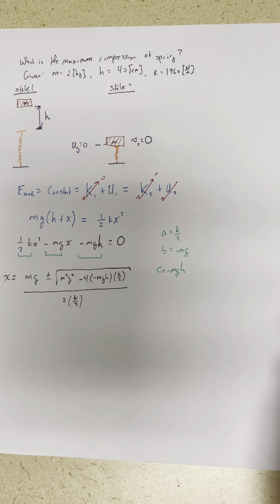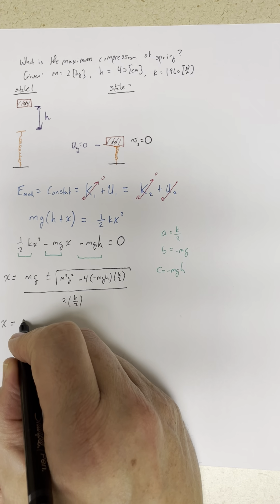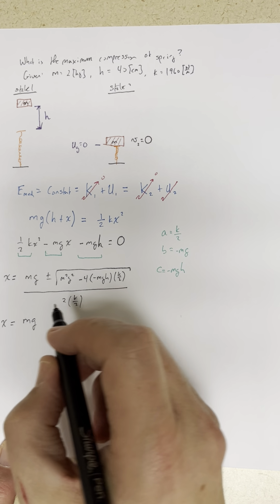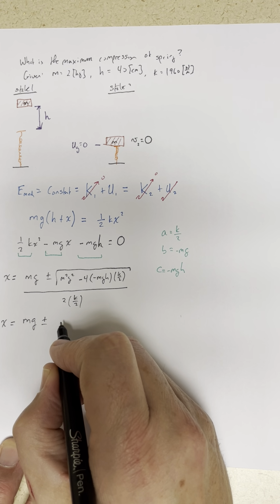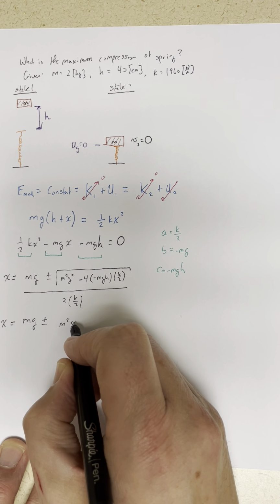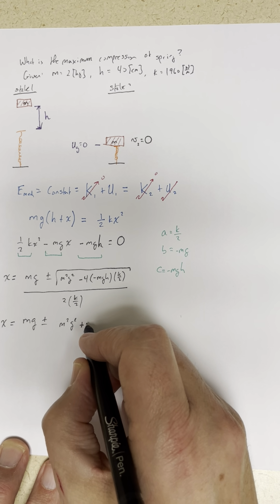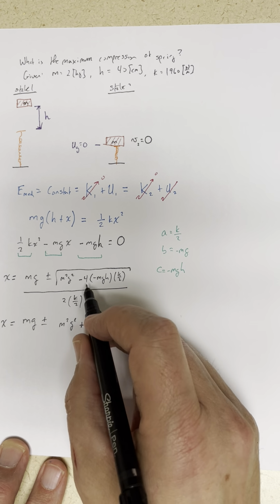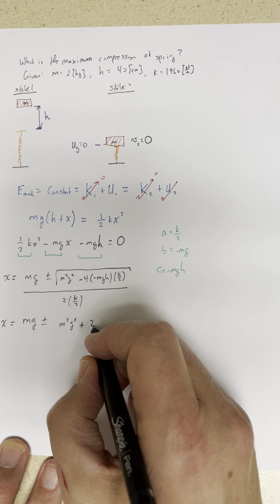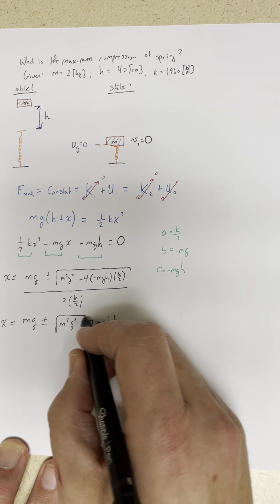Alright, that simplifies a bit. x is equal to mg plus or minus the square root of m squared g squared, minus minus is a plus, 4 over 2 is going to give me a 2, mgh times k.